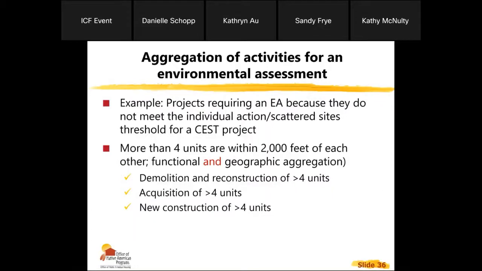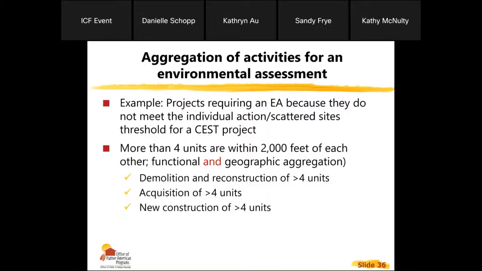Okay, now we're going to move on to more complex topics involving things beyond rehab, new construction or individual actions. So for example, for individual action, some projects require an environmental assessment because they do not meet the individual action or scattered sites threshold for a CEST project.